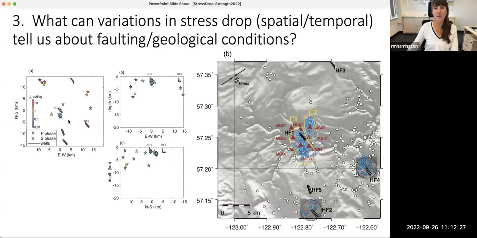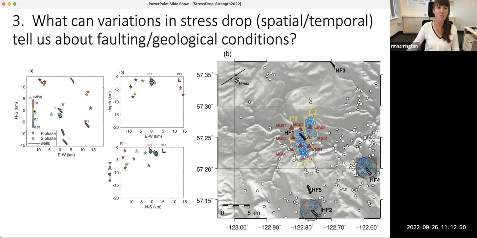Now, again, I already pointed out that there are some problems with single spectrum approaches, and that they typically underestimate the corner frequency. But you can generally trust the relative differences between stress drop estimates for a particular data set, as long as the azimuthal coverage is similar and the approach is the same.